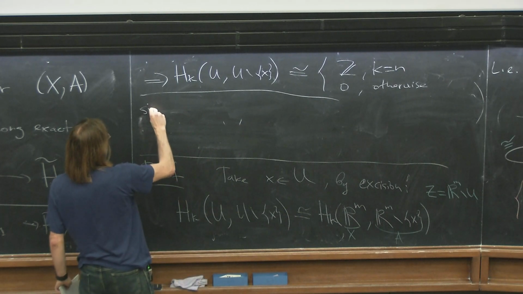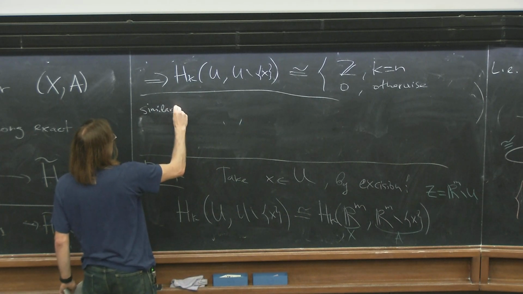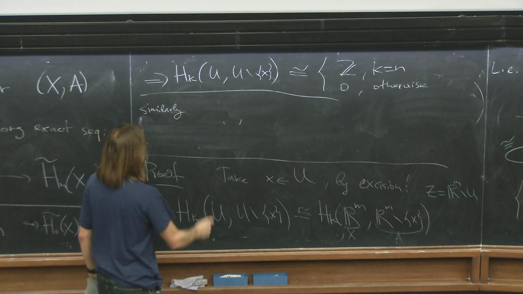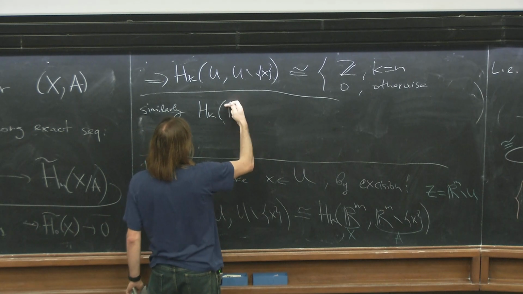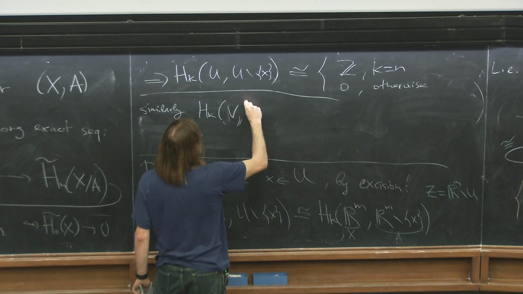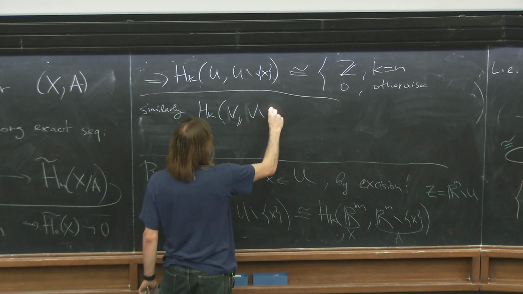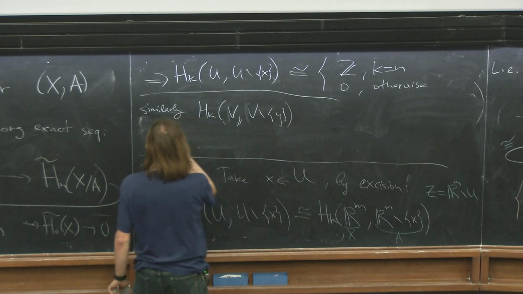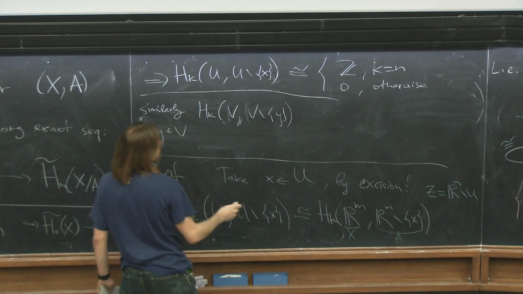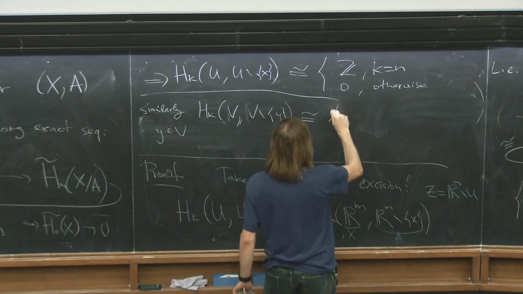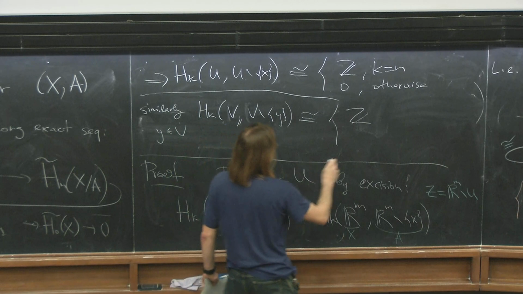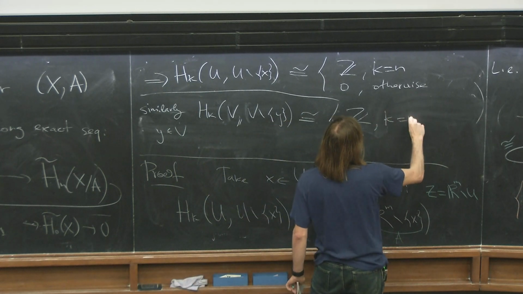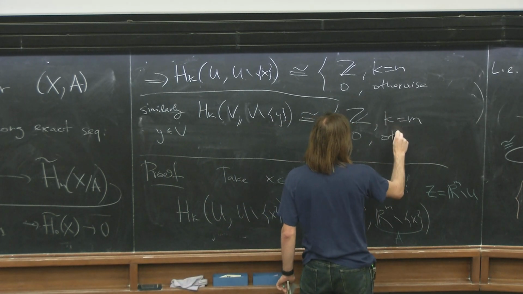Similarly, we can do the same thing for the space V. Let's take any point y in V. A similar argument tells us that Hk of V relative to V minus y is Z when k equals n and 0 otherwise.